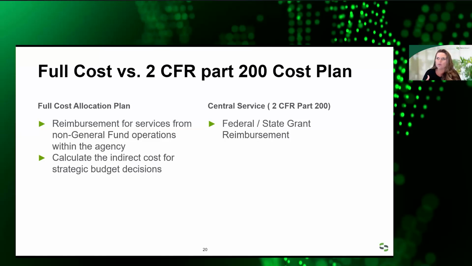When you're an organization thinking about doing these services, it's important that you do both, because when it comes to the full cost plan and you're charging the public for services, let's say developers paying planning fees, plan check fees and all of those things, you want to charge them the full cost. But when you're getting the grant, we want to look at what is our 2 CFR plan.